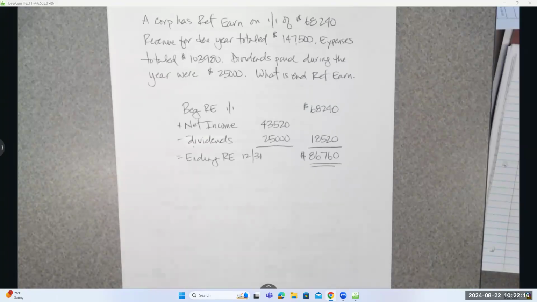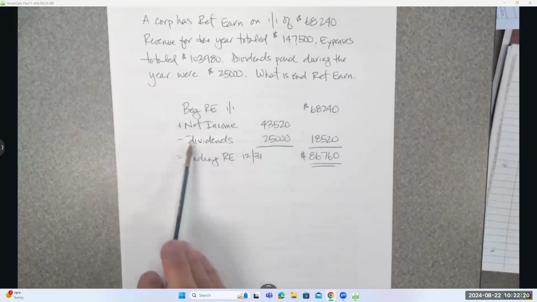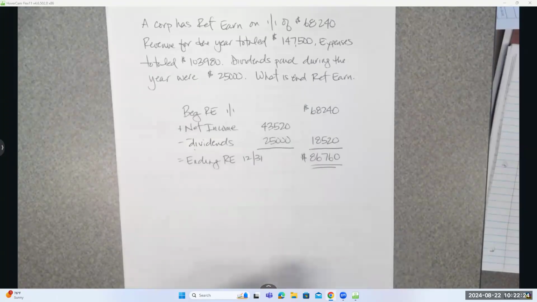So very, very similar to before, just a name change. It would have been beginning capital plus net income minus drawing is ending capital. But now that we're a corporation, it's retained earnings and dividends instead of capital and drawing.